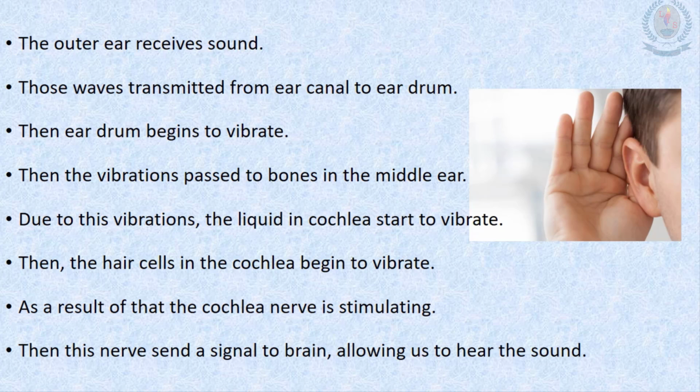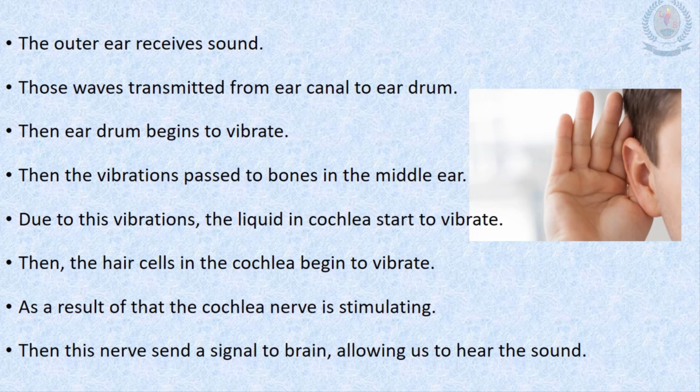Then those waves are transmitted from the ear canal to the eardrum. The eardrum also begins to vibrate. Because of the vibrations, the sound waves pass to the bones in the middle ear. Then the liquid in the cochlea starts to vibrate.